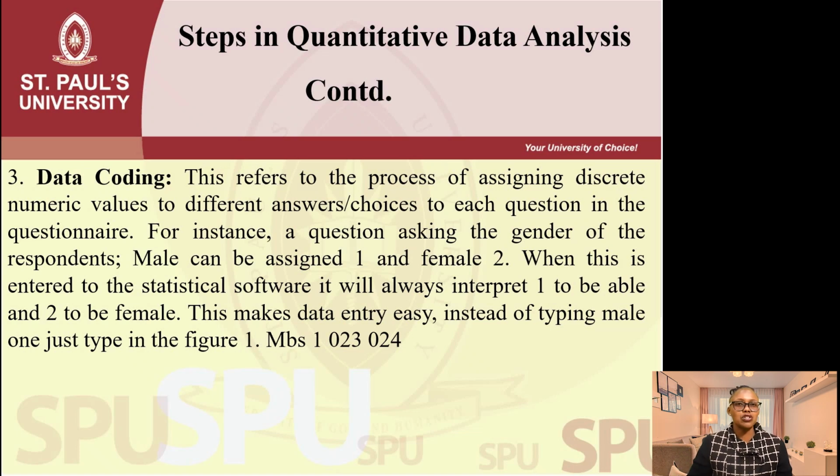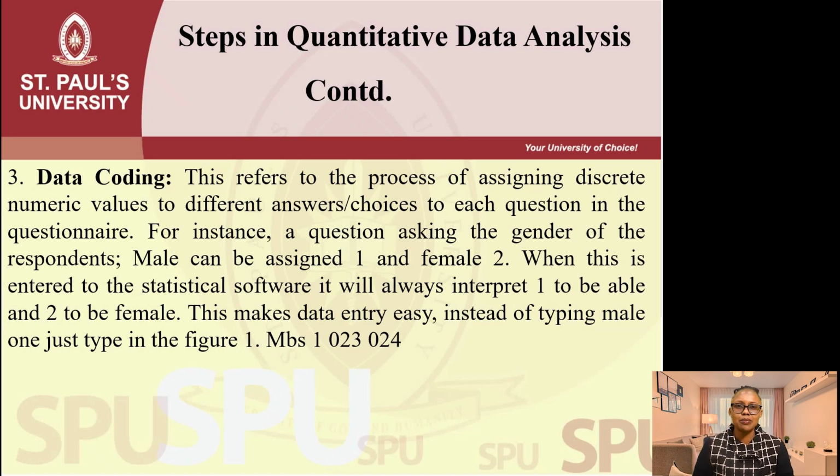You go to the other questionnaire, if they have filled that they are female, then you know that your female is represented by a number like 2. So instead of writing female in the statistical package, you write 2. So you are assigning a number to that answer, so that the computer can be able to interpret 1, 2, 3, 10, 19, 500 like that, instead of just writing narrations.